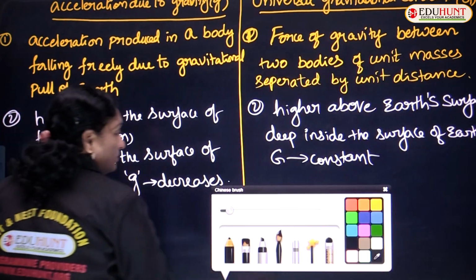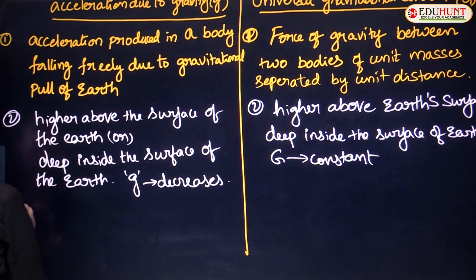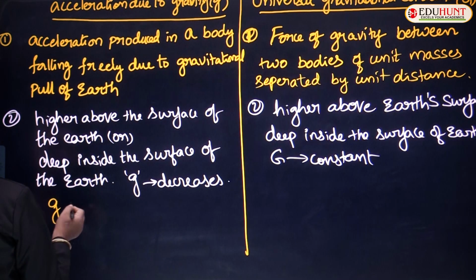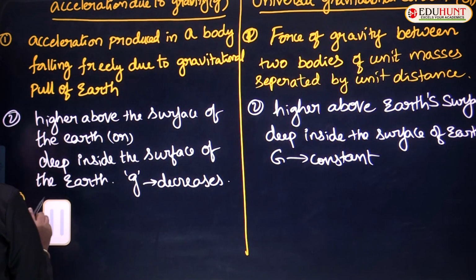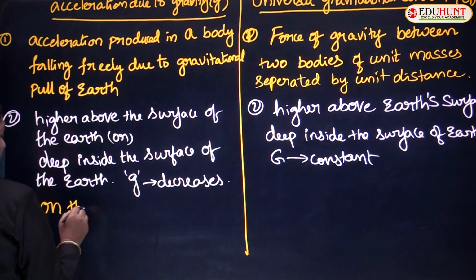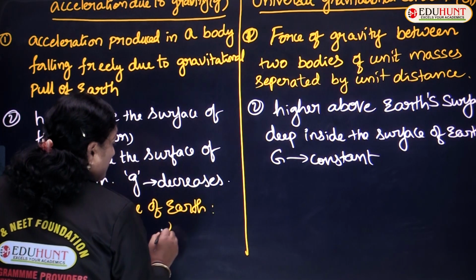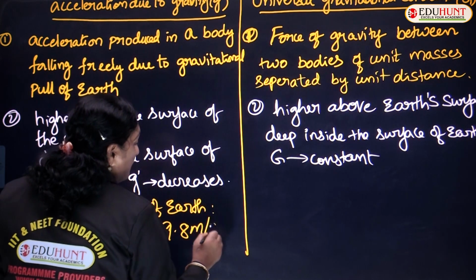The value of small g on the surface of the earth is 9.8 meter per second square.